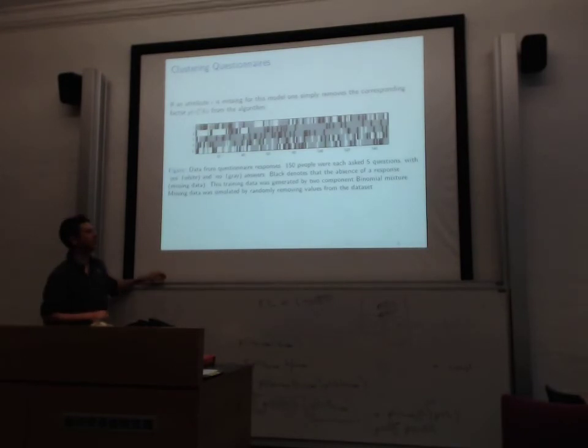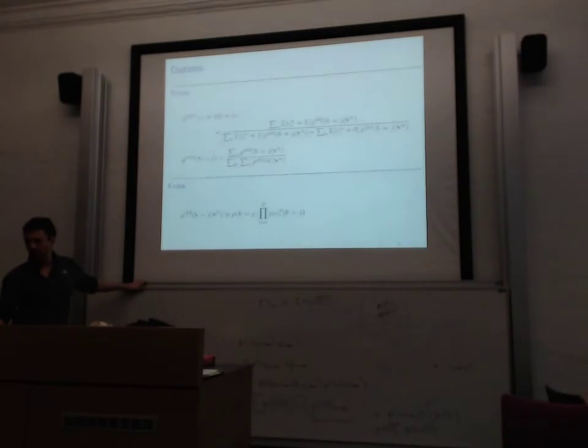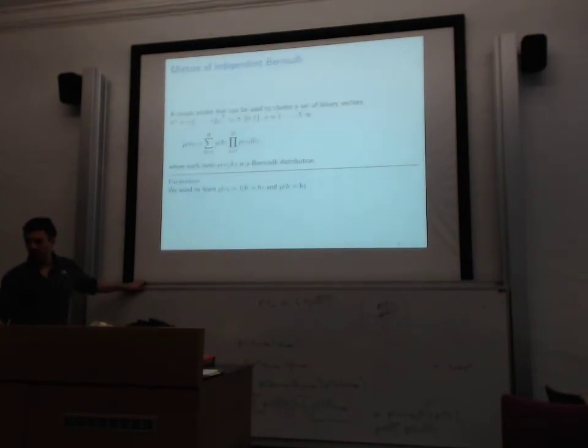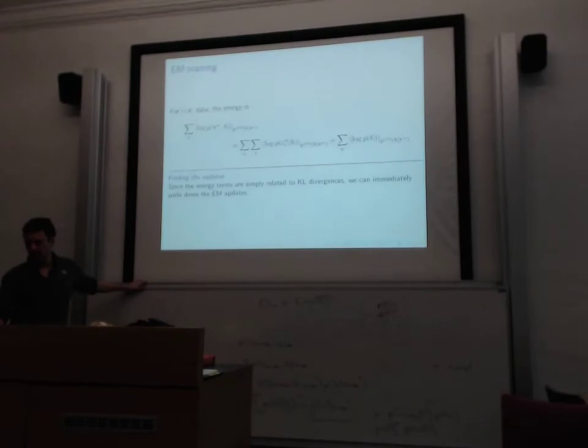Because what's going to happen in this term is that you're only going to be looking at the likelihood of the observed data. So if there's a missing V_i, all it means is that term is just not going to appear in this expression. It's just going to be absent. So it's very, very simple.